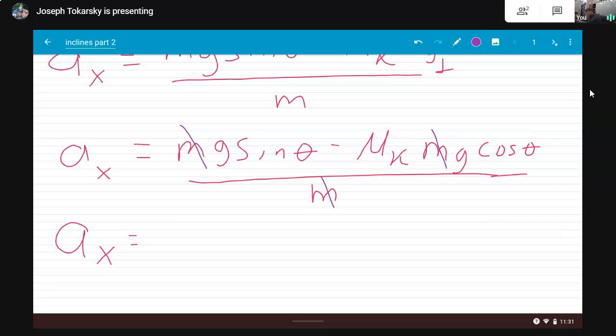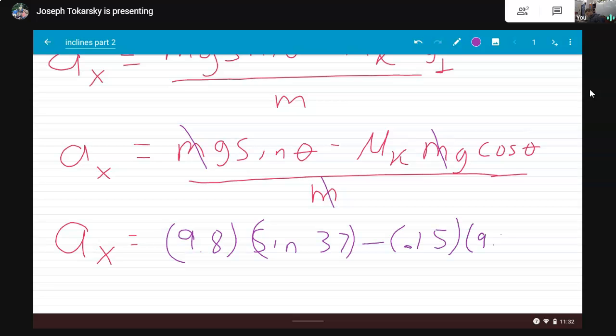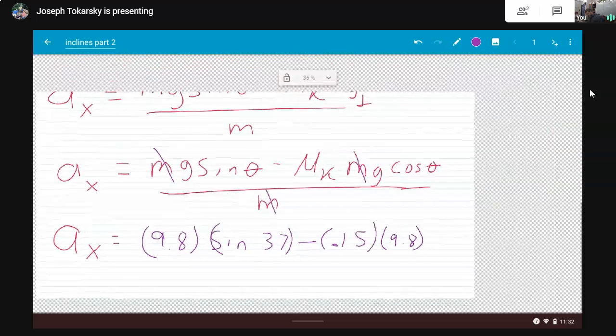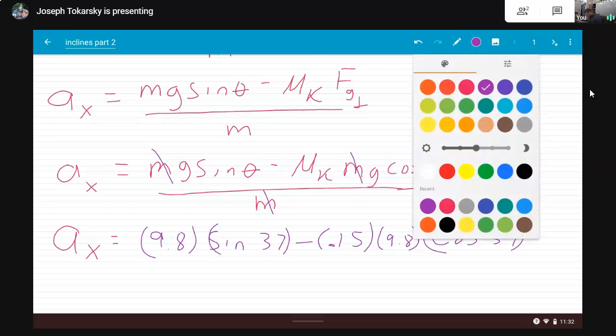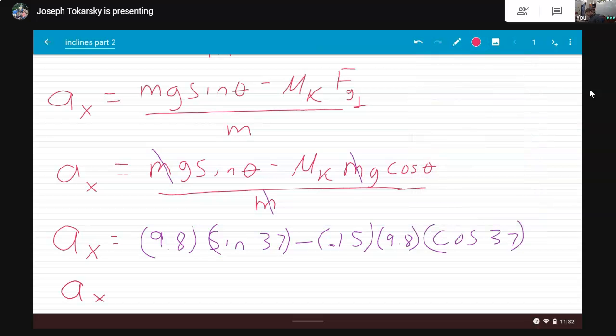So now I plug in the numbers. 9.8 is g, like always, times the sine of the angle, which was 37, minus mu k, which was given as 0.15, times little g, 9.8, times the cosine of 37. Make sure you are in degree mode, and carefully plug all this into your calculator.